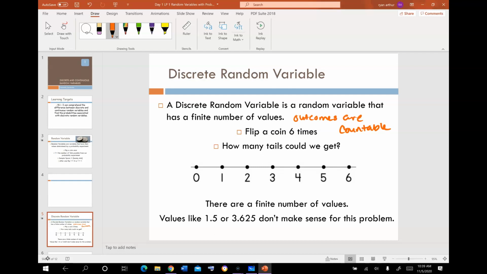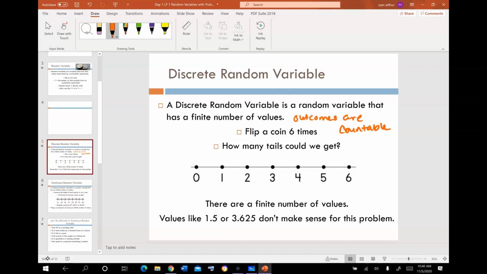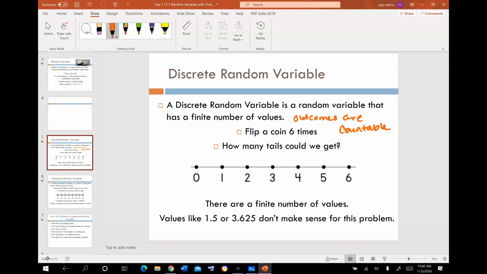So for example, I want to flip a coin six times. How many tails could we get? You can count how many times when you flip that coin it gives you a tail. So that makes it a discrete random variable because it is countable. We're going to go over some keywords in a minute too that help you know what's countable and what's not, okay?